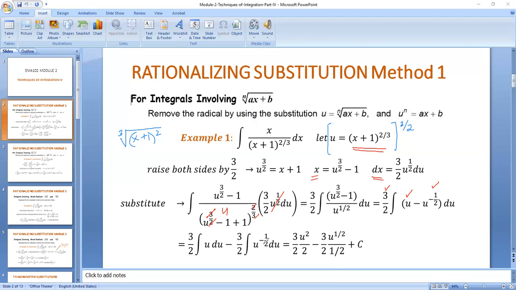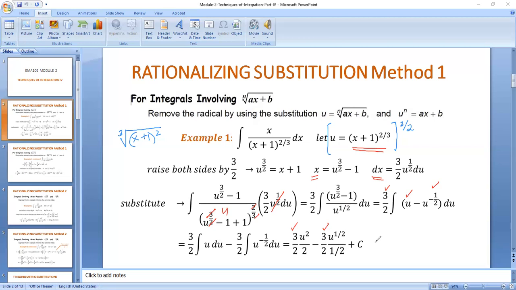So you just use power rule for this one. So you have 3/2, then u raised to 2 over 2. And if you use power rule for this, again, you have 3/2, the constant in here, then power rule for this one. You add 1, and then the corresponding resulting exponent here is the denominator. So you have u raised to 1/2 over 1/2.